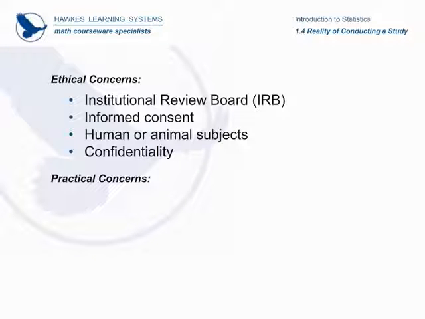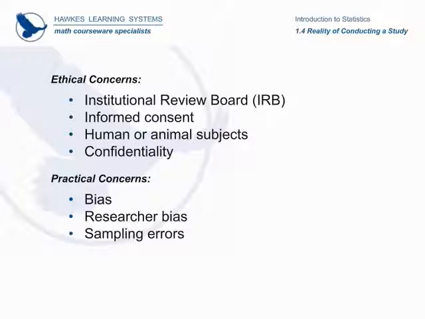There are also practical concerns, such as biases. When you're conducting an experiment, you have to be aware that it's possible for a bias to be present. And a bias is simply an unfair situation. There are research biases where a researcher might be prone or prejudicial in terms of how they look at the results of the research.